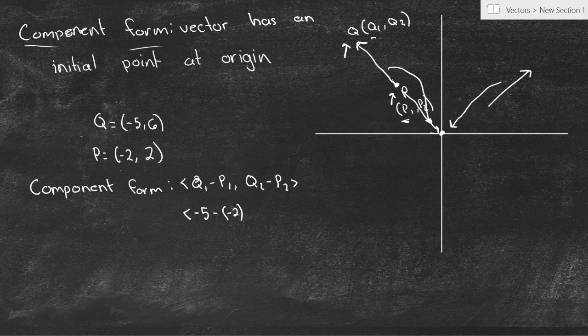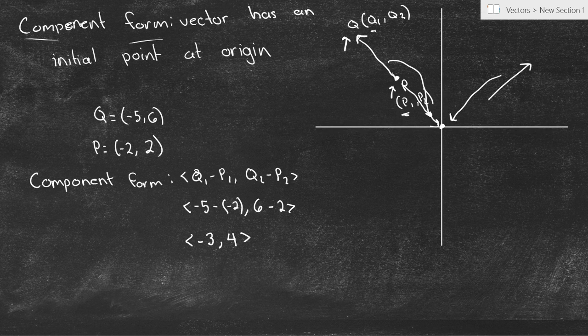And then Q2 is 6, so 6 minus 2. -5 minus a -2 is -5 plus 2, which is -3. And 6 minus 2 is 4. So this new component vector, we'll call it PQ, equals <-3, 4>.